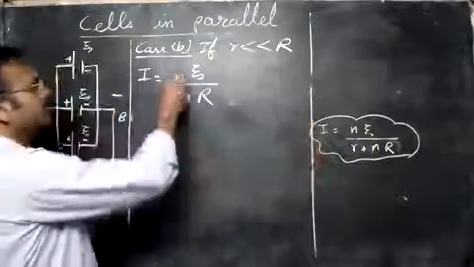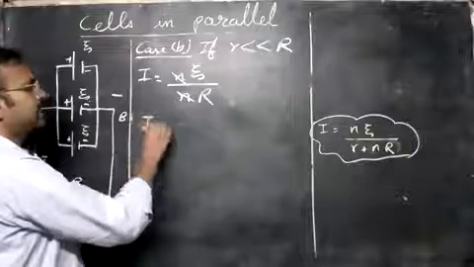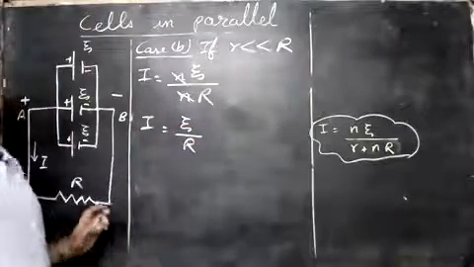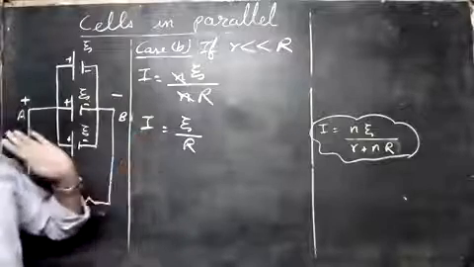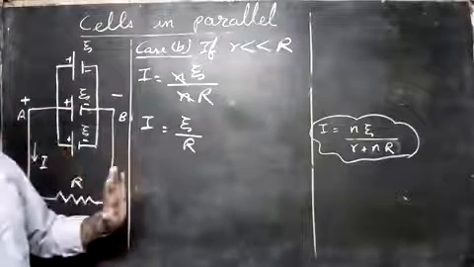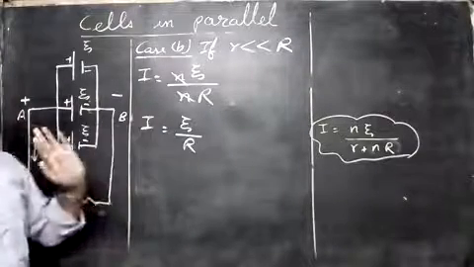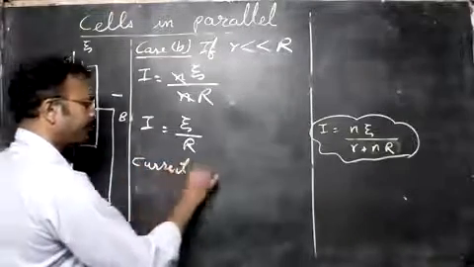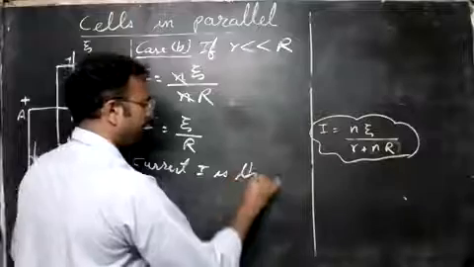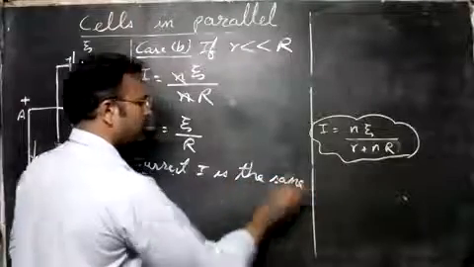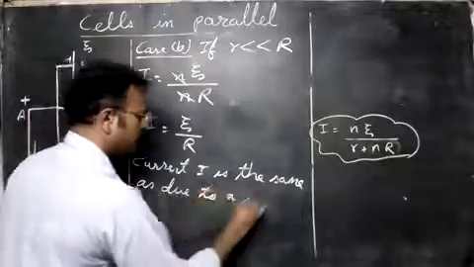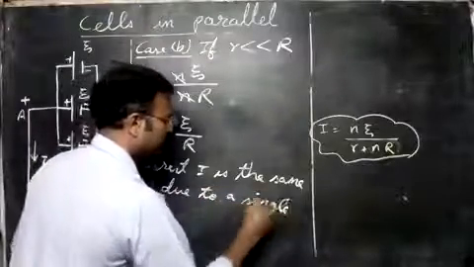So n and n will cancel, and we get I is equal to epsilon by R. So the current doesn't increase, the current is the same as that due to a single cell.